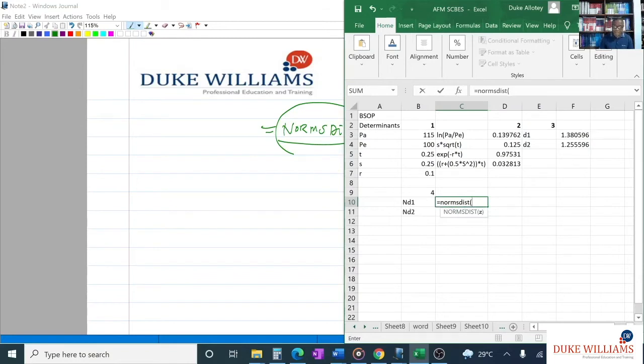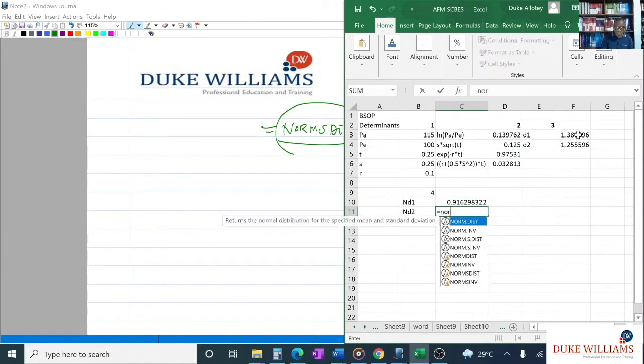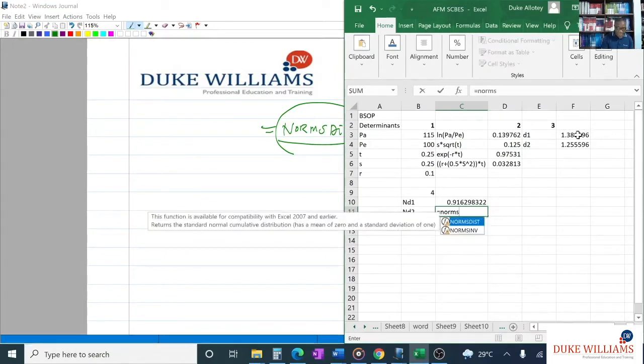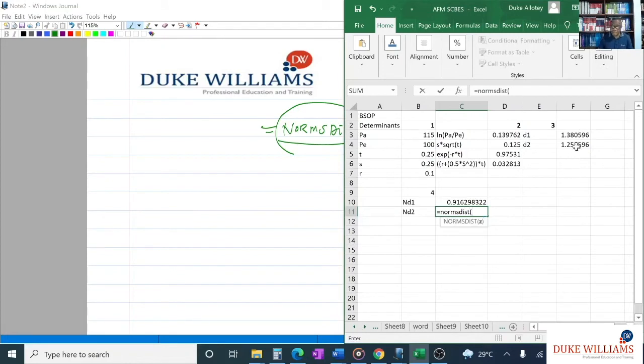Then I have 1, which is D1, and that gives me this figure. Then same norm S dist, I have that, and I have this bit.